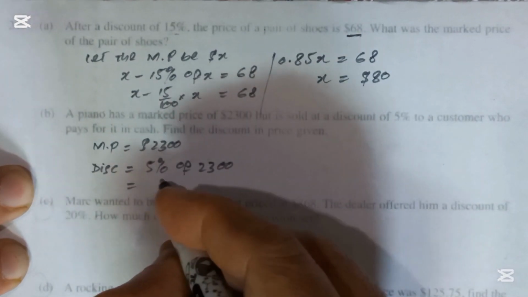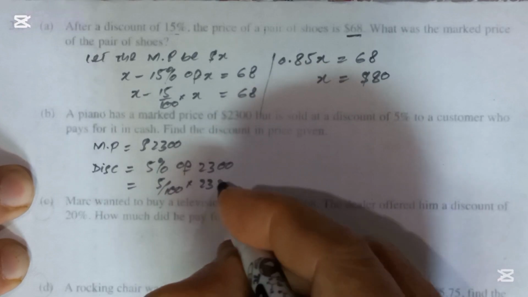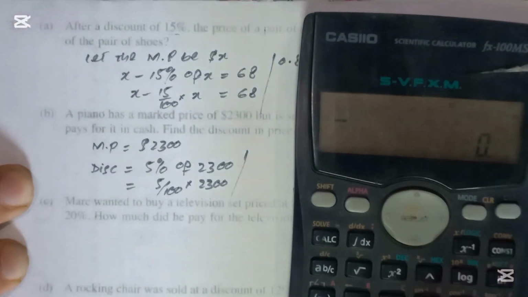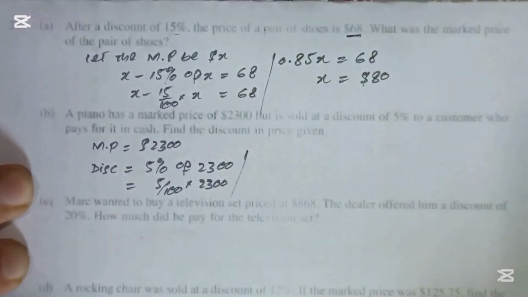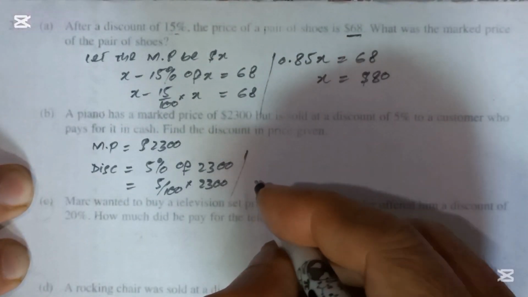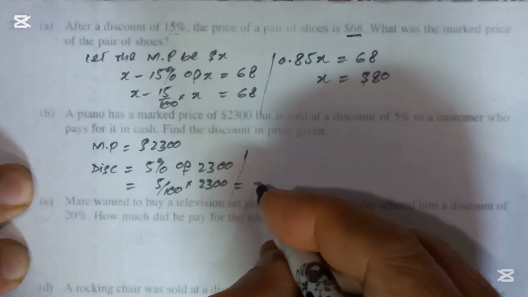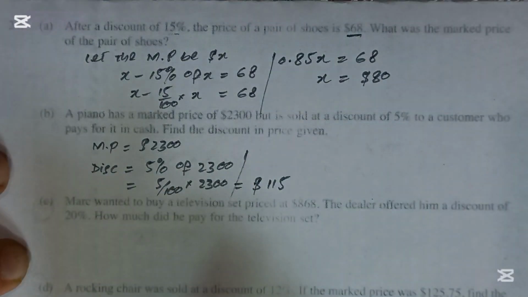So we will solve it on the calculator now. And the answer will be 115. So this is the discount given.